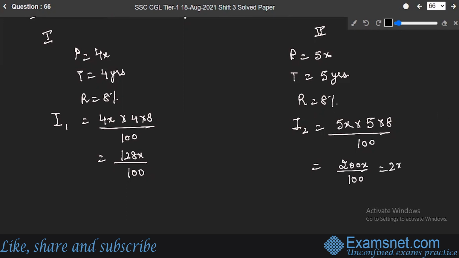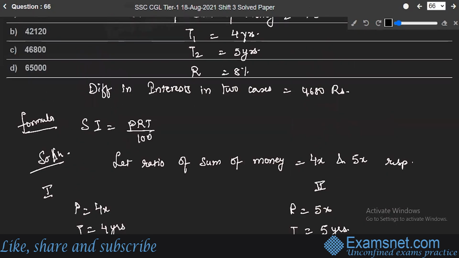Actually, this is equal to 2x only. Okay, so I'll keep it as 200x upon 100 only. Why? Because we have the same denominators, it will be easy for us to do the calculations. Okay, now according to the question, the difference between the two interests is equal to 4680 rupees.